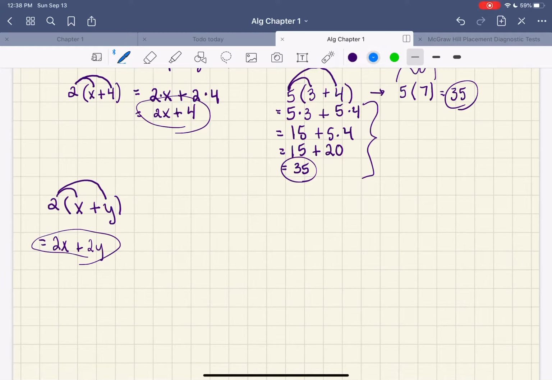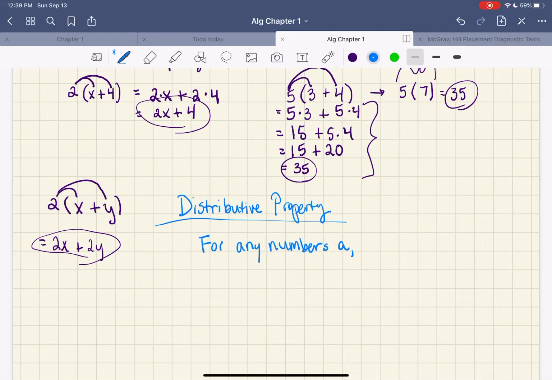Let's pause our examples and write down an official definition for the distributive property. So we are going to say for any numbers A, B, and C. So remember we did that in the last section with our properties as well, because this is another property.